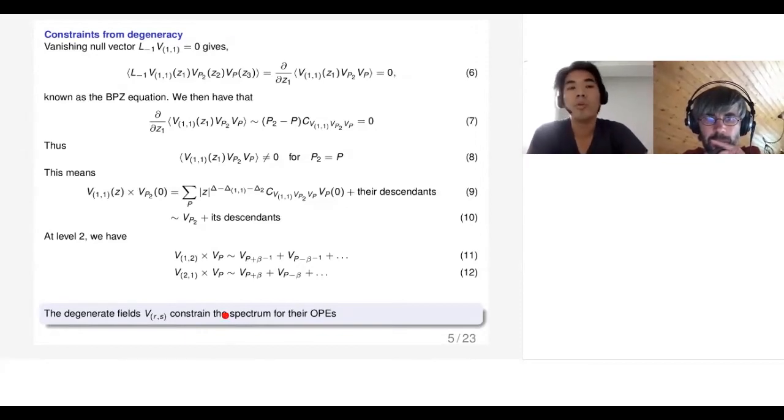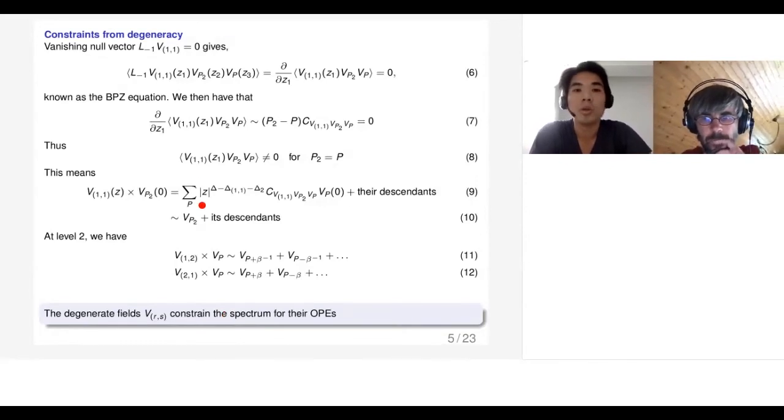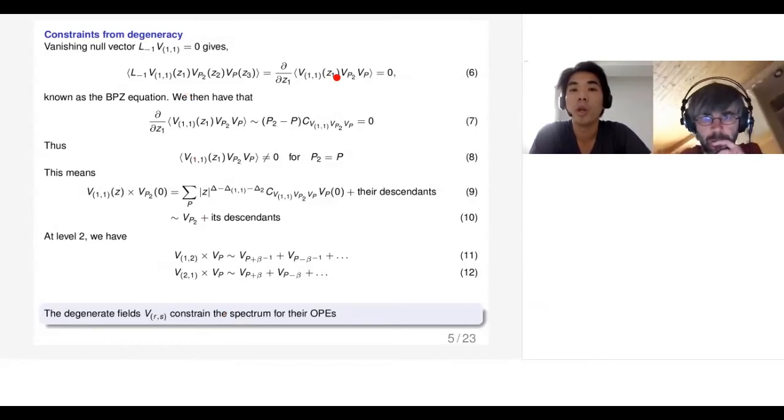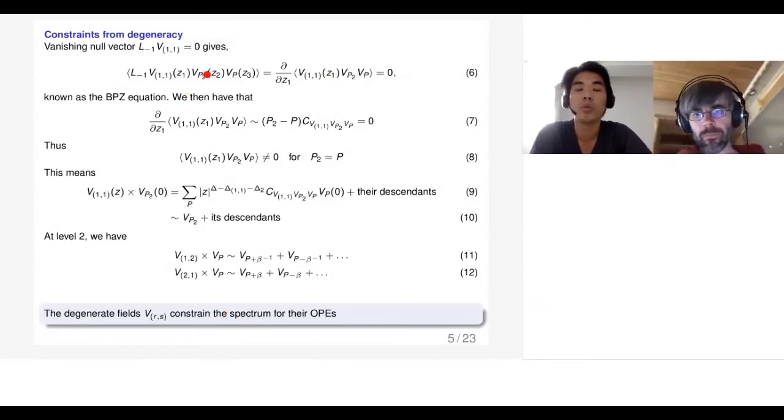So whenever we have these degeneracies in the Verma modules, we have further constraints on the correlation function and operator product expansion due to the vanishing null vector.